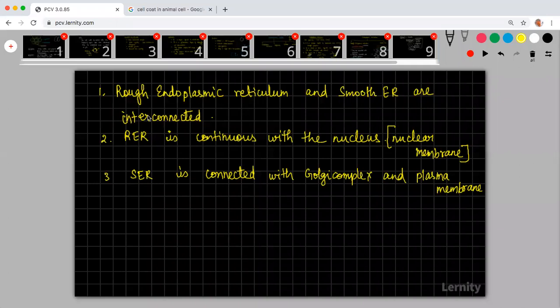The last part is, I'll just finish the functions. It gives mechanical support, or a mechanical framework. The next thing is, it helps in intracellular transport.